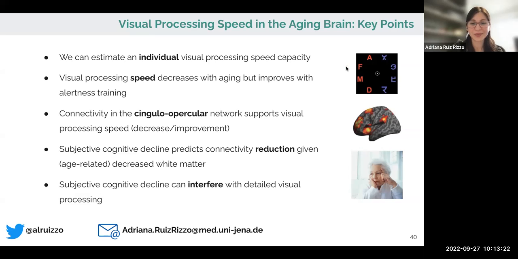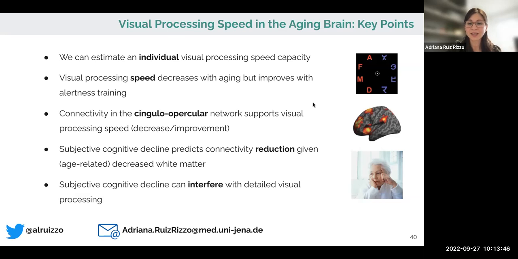Yes, definitely. So one follow-up for this would be studying mild cognitive impairment, what we think subjective cognitive decline could lead to. One of these would be mild cognitive impairment, which is a higher risk stage for dementia.